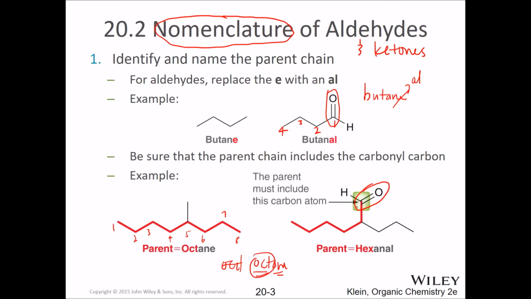But over here, the 8 doesn't have the carbonyl carbon in it, right? There's my 8, and it's not in it. So it must be 1, 2, 3, 4, 5, 6. Hexane. Hexanal, because it's an aldehyde. All right.